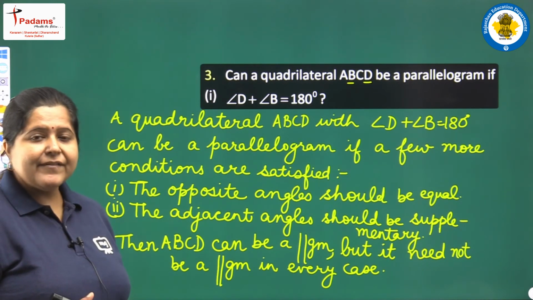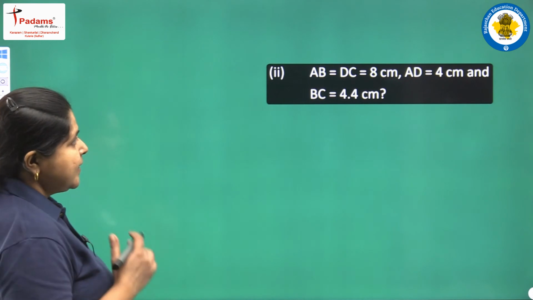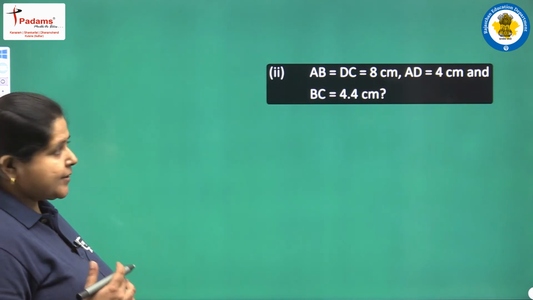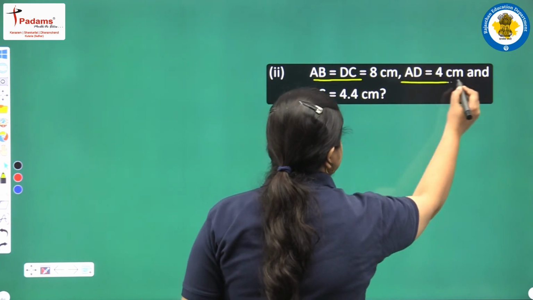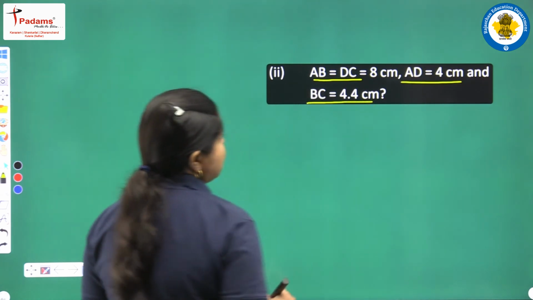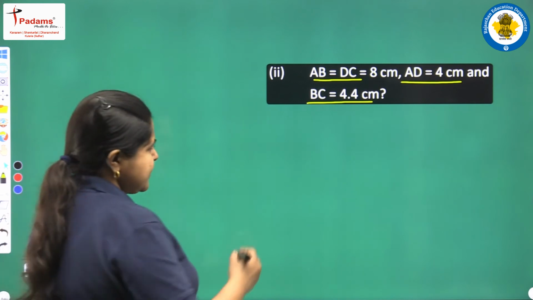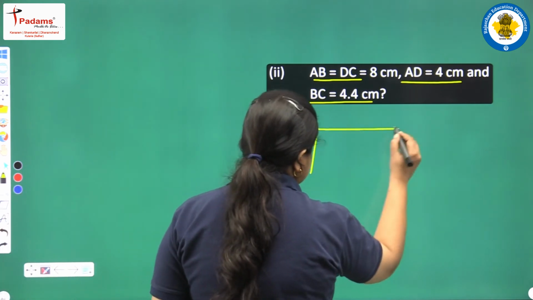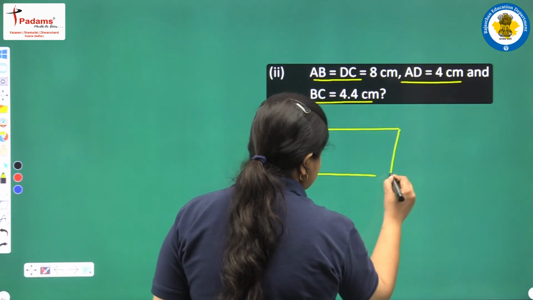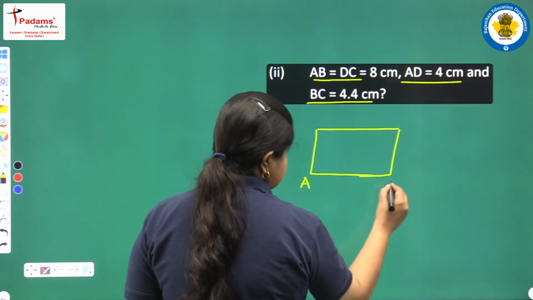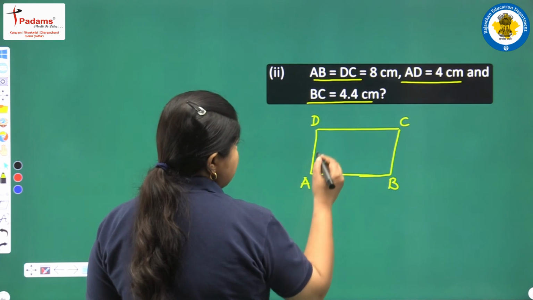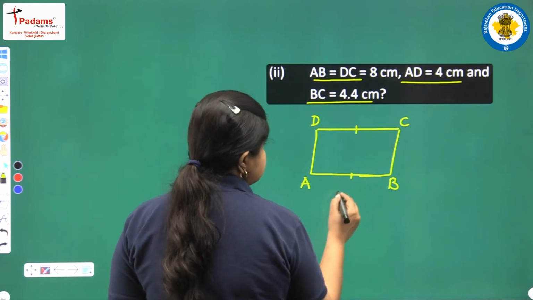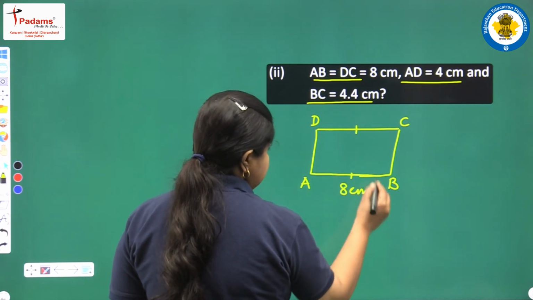Okay, then we have the second part of this question. Can ABCD be a parallelogram if AB is equal to DC and AD is 4 and BC is 4.4? Let us first draw a figure and mark these names on it: A, B, C, D. Now AB and DC are both given equal to 8 centimeters.